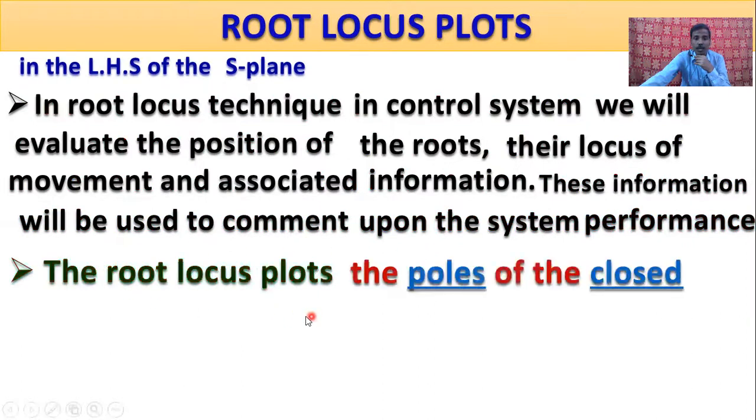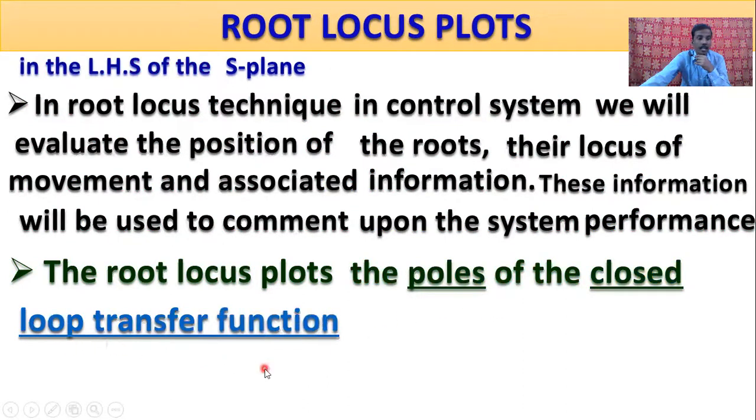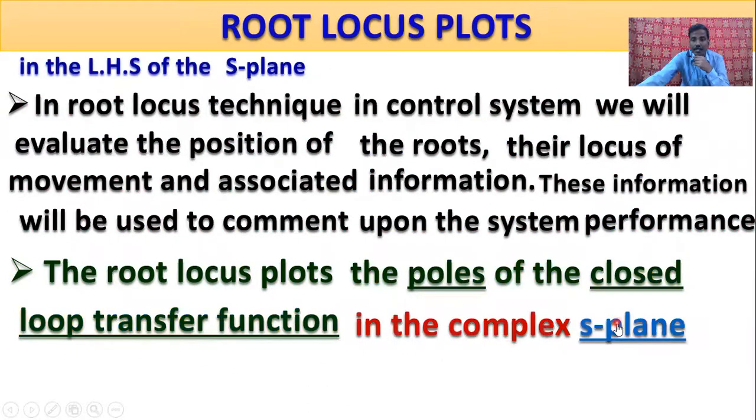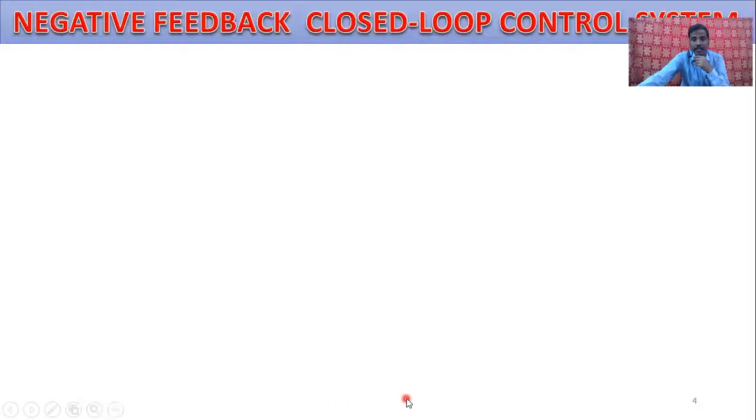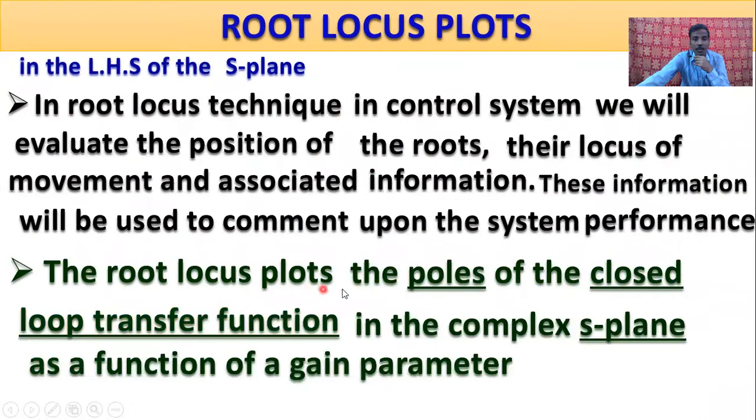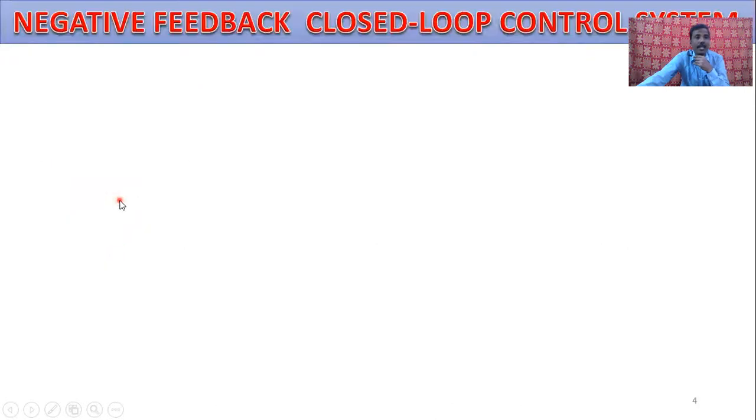The root locus plots the poles of the closed loop transfer function in the complex S-plane as a function of a gain parameter. So this is the introduction part of root locus, mainly for negative feedback closed loop control systems.